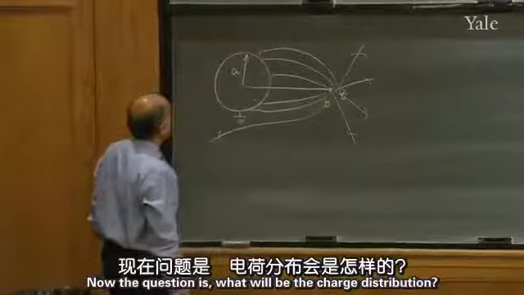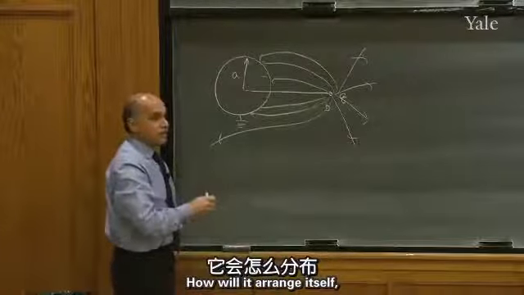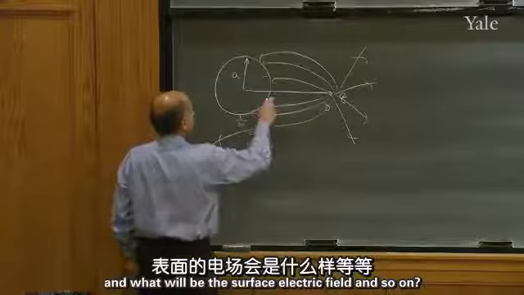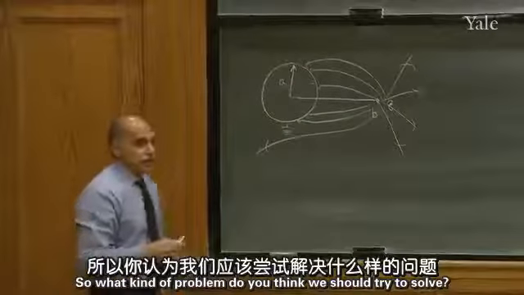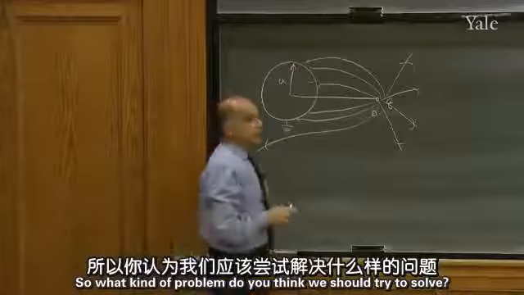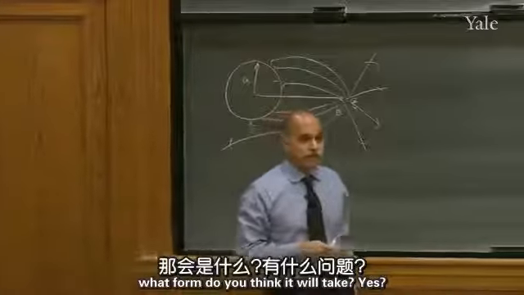Now the question is, what will be the charge distribution? How will it arrange itself? And what will be the surface electric field and so on? That's what you want to calculate. So what kind of problem do you think we should try to solve? If it had an easy solution, what form do you think it will take?